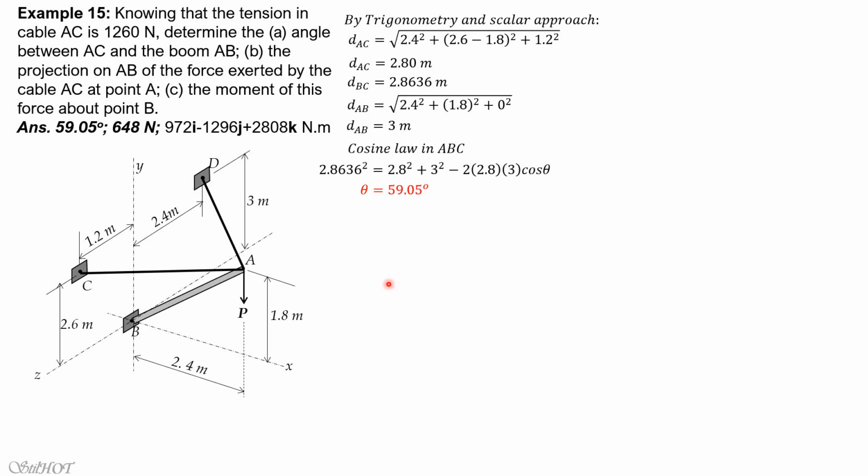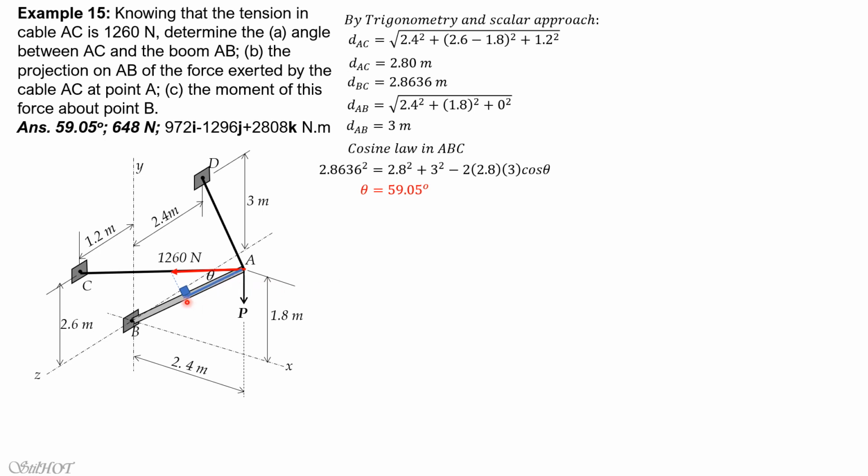Next we compute the component of the force, which is 1,260, which serves as the hypotenuse, and its projection onto AB is 1,260 times cosine of theta. So to show that, we have 1,260, this is the right triangle, and that angle is theta.